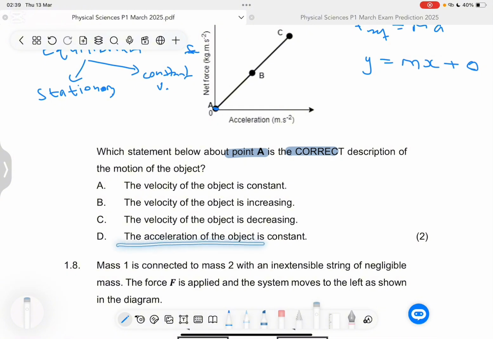Well, the acceleration is 0 here, and even though 0 is a number that is constant, it does not change, the best option here would be that the velocity is constant.